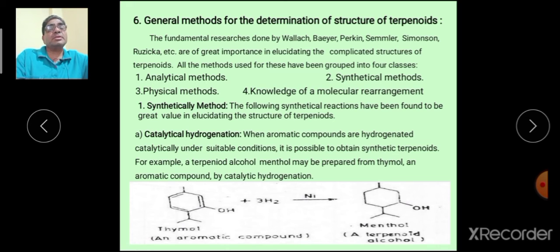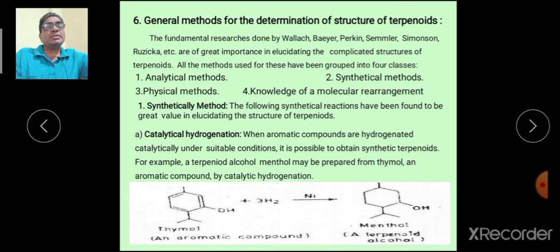The first method is catalytic hydrogenation. Now, when aromatic compounds are hydrogenated catalytically under suitable conditions, it is possible to obtain the synthetic terpenoids. For example, a terpenoid alcohol, menthol, may be prepared from thymol, an aromatic compound, by catalytic hydrogenation.